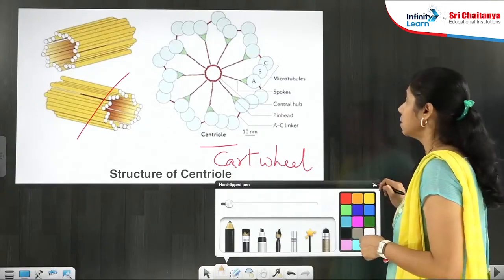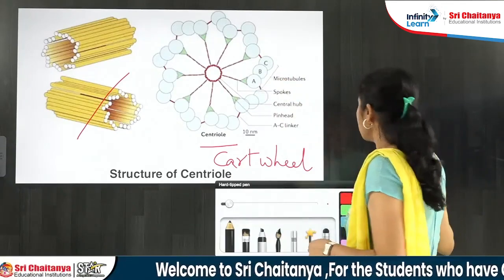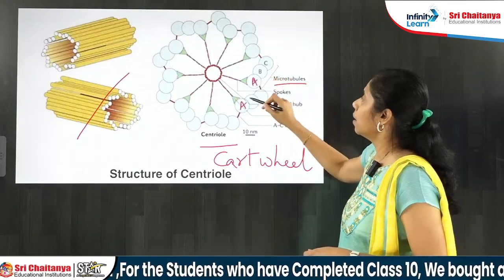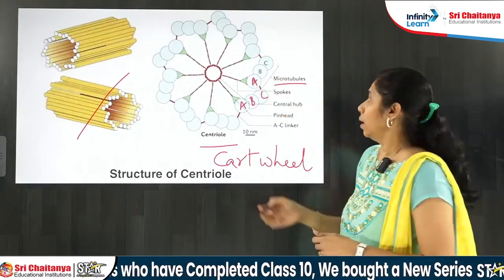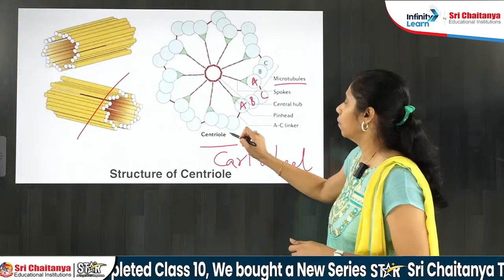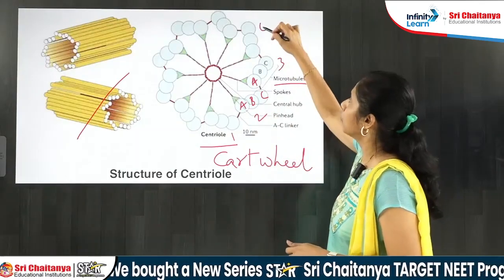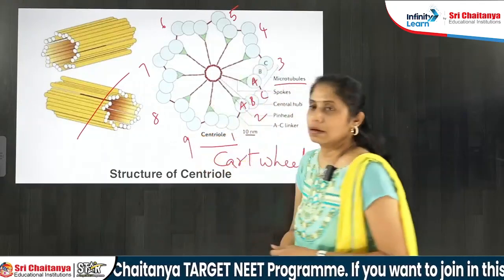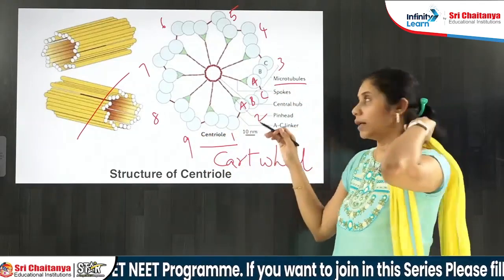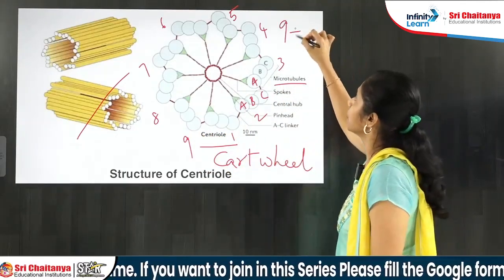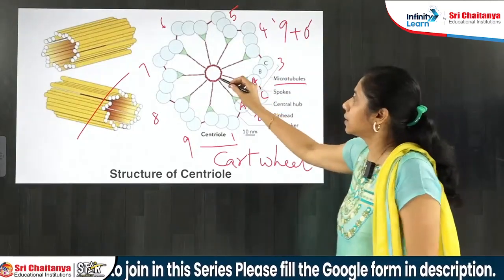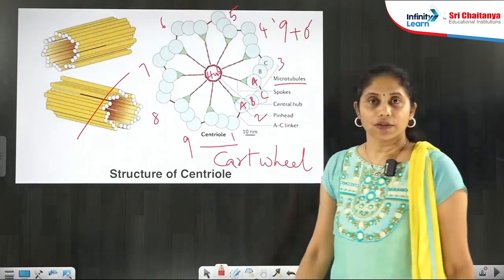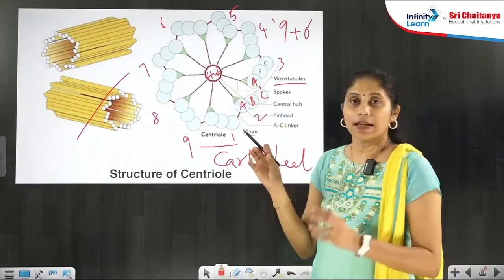All of you can see here, each one is made up of 3 microtubules, A, B, C. And there are 9 of these, 1, 2, 3, 4, 5, 6, 7, 8, 9. So, these are also 9 only, but this is called a 9+0 arrangement because in the center is the hub. It is just a proteinaceous structure and it does not have any central microtubules.